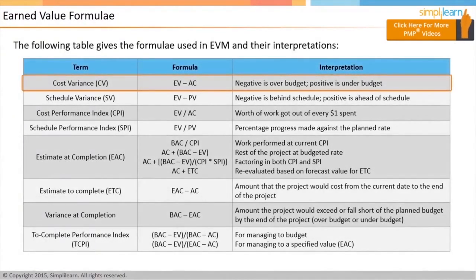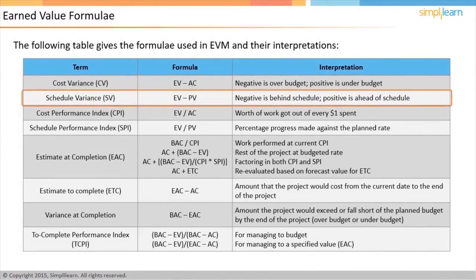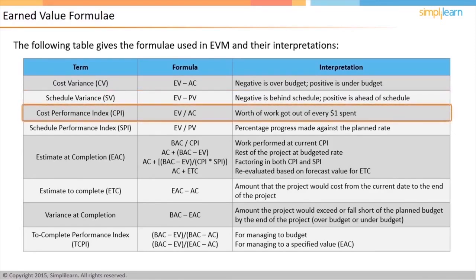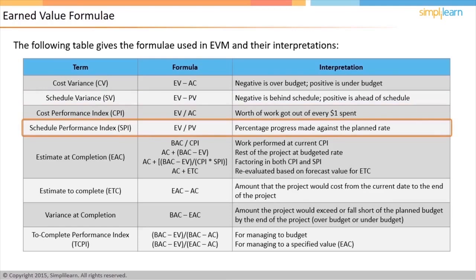In cost variance, negative means the project is over budget. Positive means the project is under budget. Similarly, in schedule variance, negative means the project is behind schedule, whereas positive means the project is ahead of schedule. The values of the next two parameters, Cost Performance Index, CPI, and Schedule Performance Index, SPI, vary between 0 and 1.